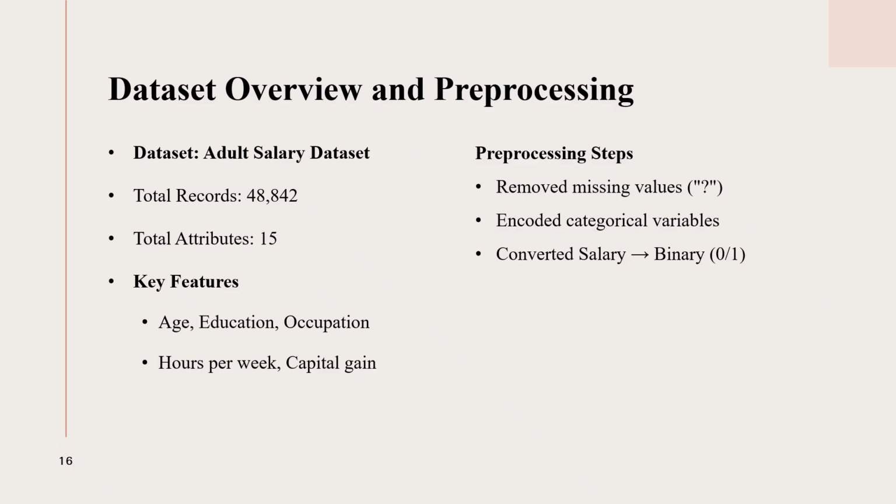Missing values represented as question marks were removed and categorical variables were encoded into numeric format, and the salary variable was converted into binary form. The main key features here are age, education, occupation, hours per week, and capital gain. So these all are steps for pre-processing the data set.